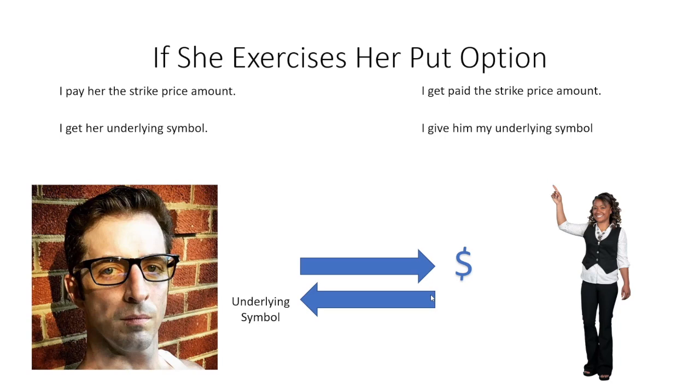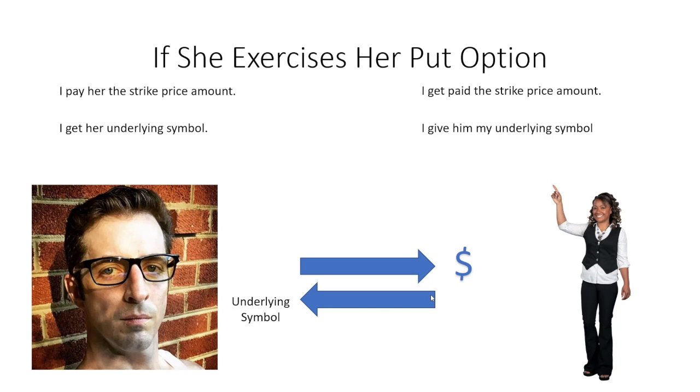What's nice about this compared to the call option is that the strike price is already negotiated. Whereas with the call option, it's about the underlying symbol, so I don't know how much cash I'll need because it depends on the going price of the underlying asset at the moment that the person exercises it. In this case, the amount of cash I need is the strike price. But still, that could be a lot of cash.